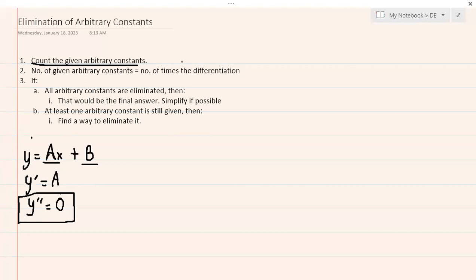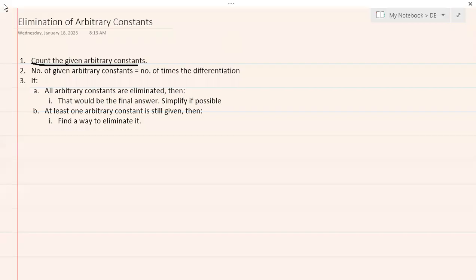So let's try some other examples. Let's just say we have x squared minus 2x plus c is equal to y. What is our first step?